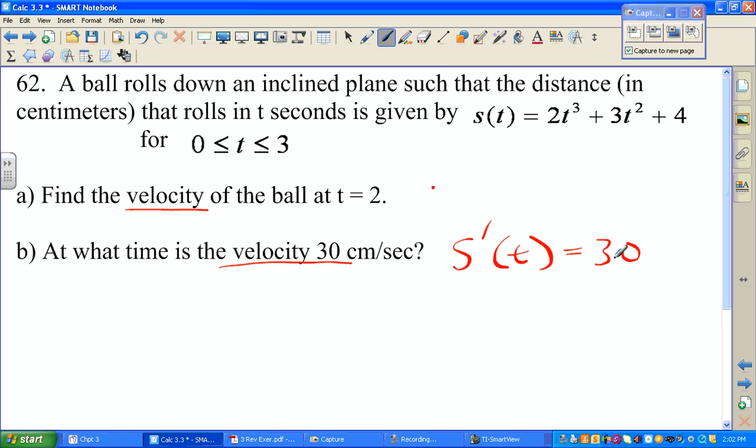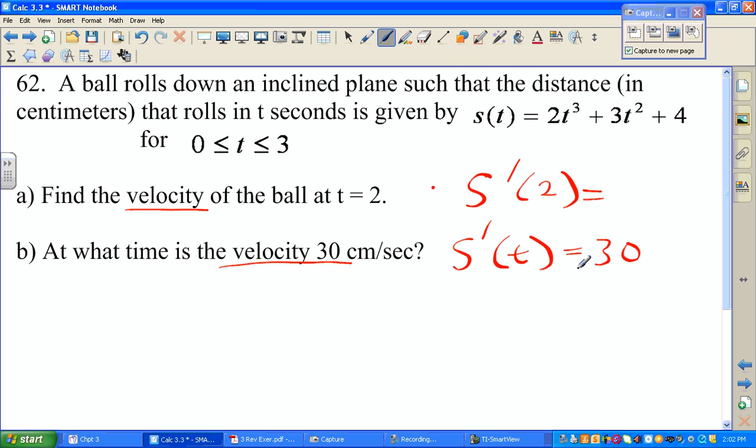Set the derivative equal to 30 and solve. We did that. Matthew, how do you find the velocity at 2? Yep, you put 2 in for t of the derivative. Very good.